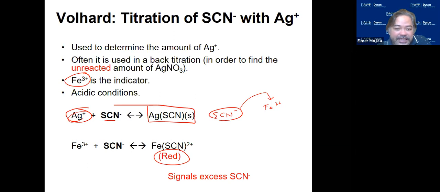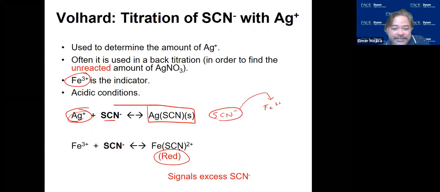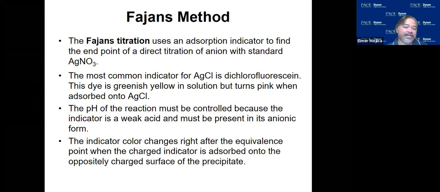Now for the Fajans, this is the fluorescein that you use, and usually it is used for chloride analysis. The Fajans uses an absorption indicator to find the endpoint of a direct titration of an ion with standard silver nitrate. The common indicator for AgCl is dichlorofluorescein. This is greenish yellow in solution, but turns pink when absorbed onto silver chloride.